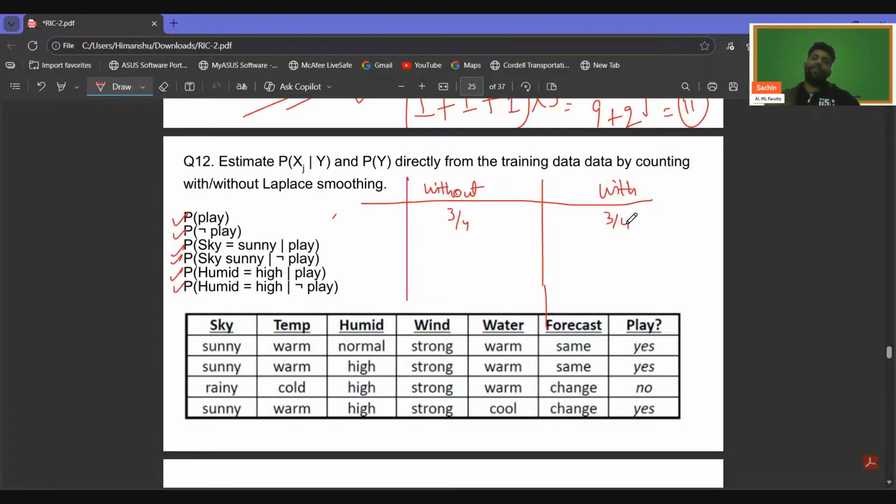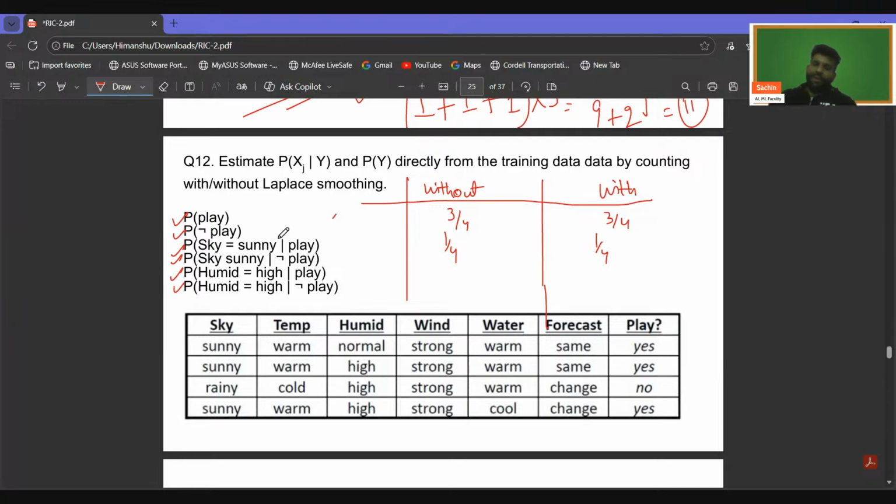Probability of not playing, again very simple, 1 by 4, because that doesn't really help me in anything over here. The smoothing will only come for the conditional probability. Now, what would be the probability of sky being sunny given play? The moment we say play, it means play equals yes by default, because for play equals no we have another case, the negation of play.